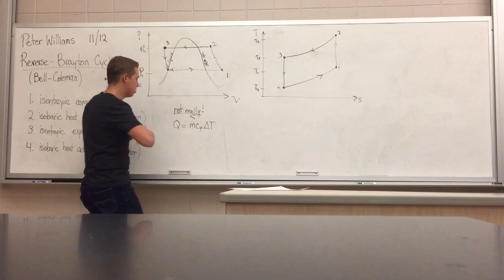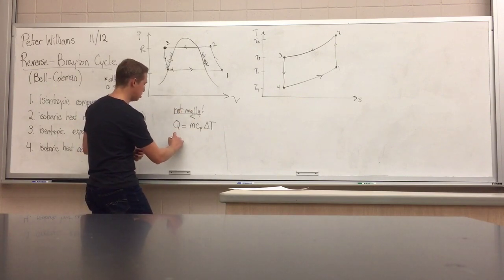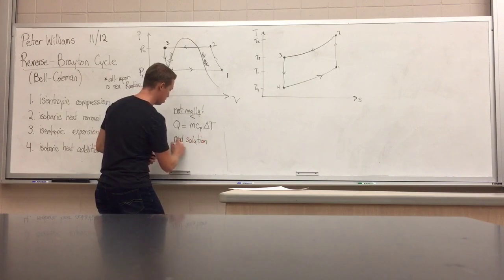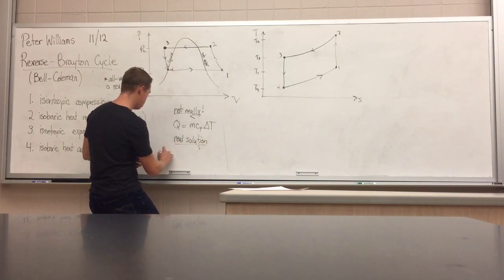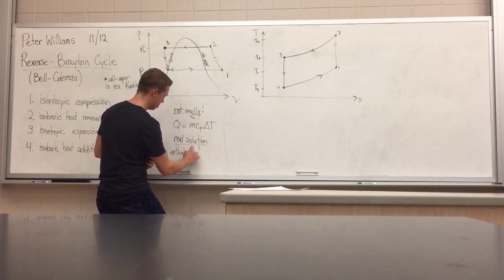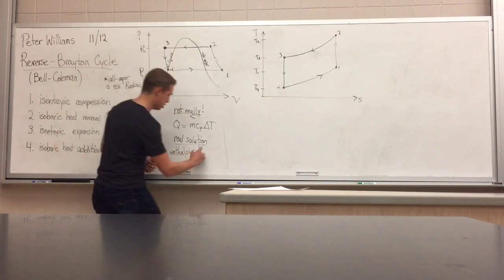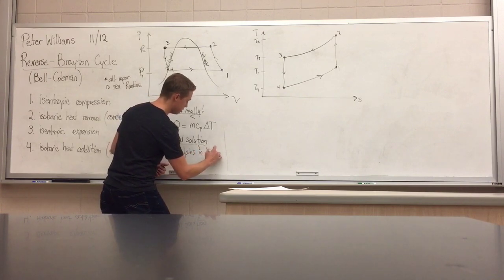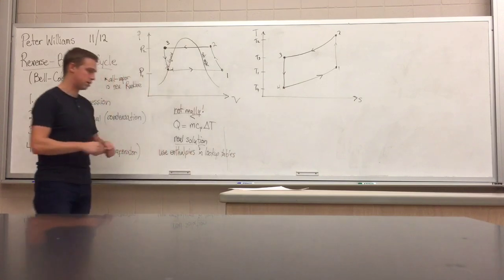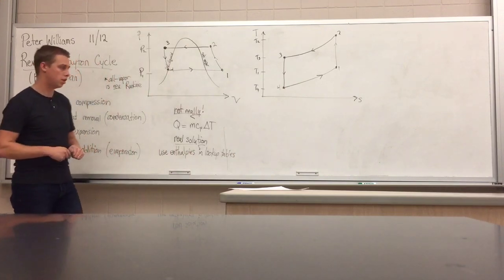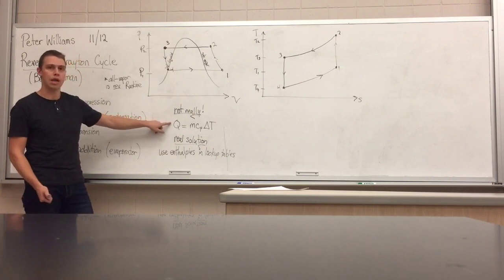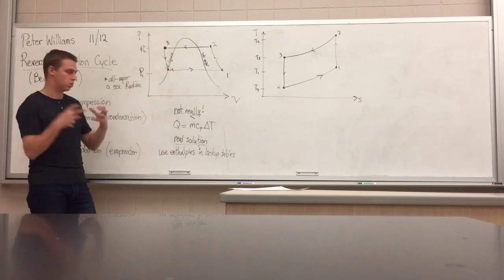So this is an approximation. The real thing we should do is use the enthalpies. This is the thing we just learned about a couple lectures ago in the lookup tables. So as we discussed, the actual numbers, you just find them in the lookup tables. But that's not very satisfying, and this gives us a lot more theoretical purchase as far as actually getting stuff done here, okay?